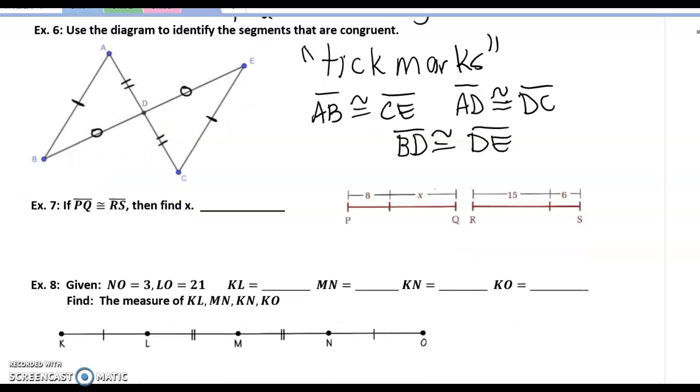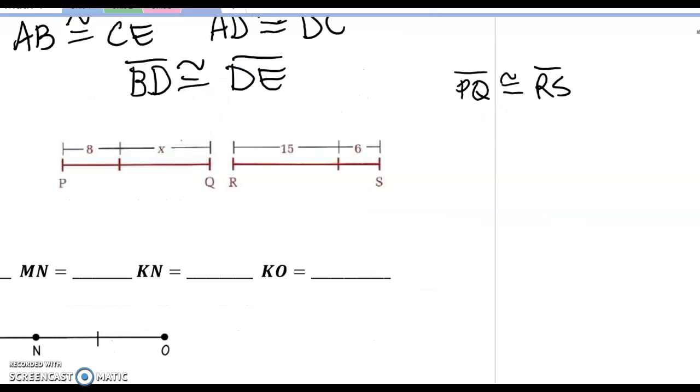Okay, let's finish up with example number 7. We're given that segment PQ is congruent to segment RS. So looking at the picture, we want to solve for X. All right, so we're going to say that segment PQ is congruent to segment RS. So that means that these two have the same measurements. So let's sub in the measurement of PQ.